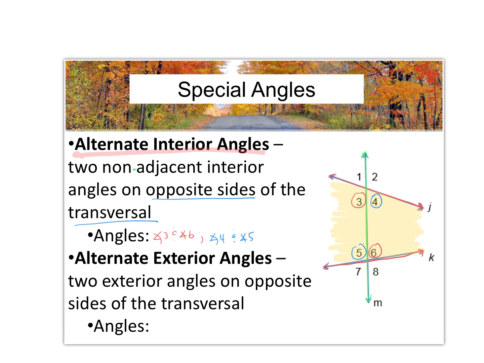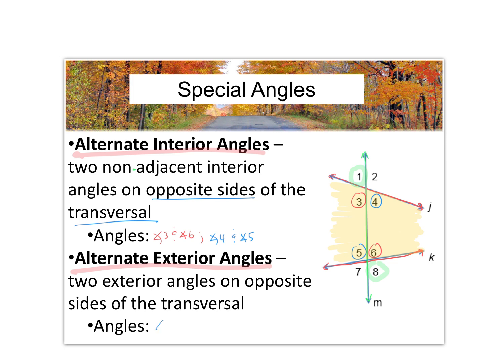So following that, we go to the definition for alternate exterior angles. It says two exterior angles on opposite sides of the transversal. So once again, let's think about that. Exterior angles, like number 1 and 8, they're both exterior, and they're on opposite sides of the transversal.